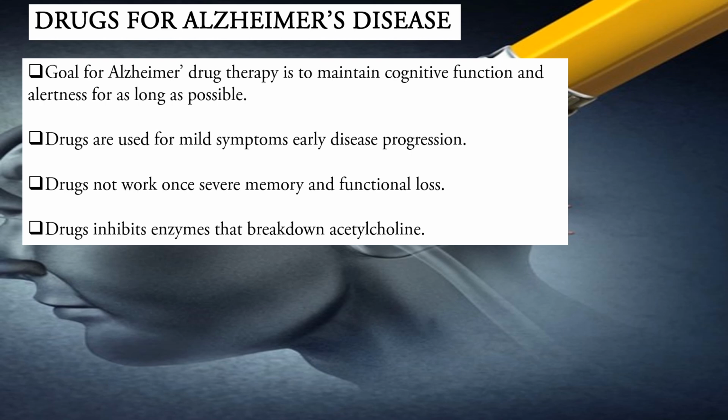Acetylcholine is an important neurotransmitter for memory. People with Alzheimer's disease have lower levels of acetylcholine. Usually, acetylcholine is broken down by an enzyme named cholinesterase. If its action is inhibited by an Alzheimer's disease drug, then more acetylcholine is available for communication between the brain cells.